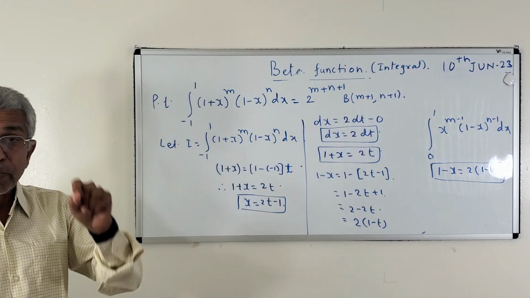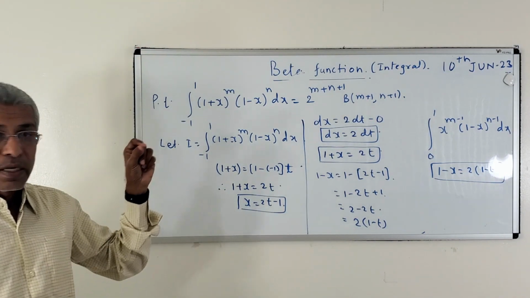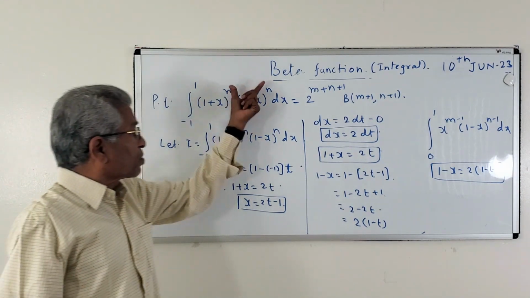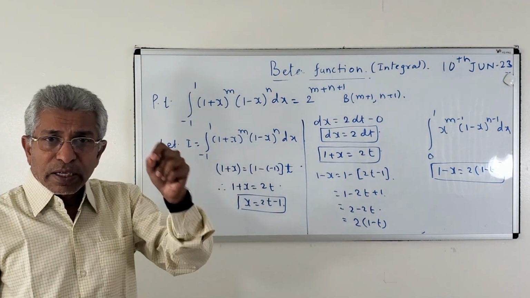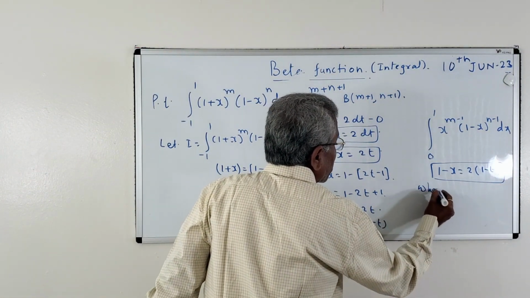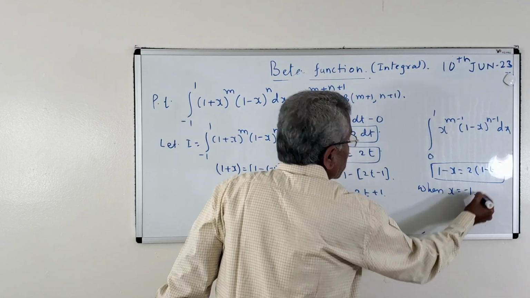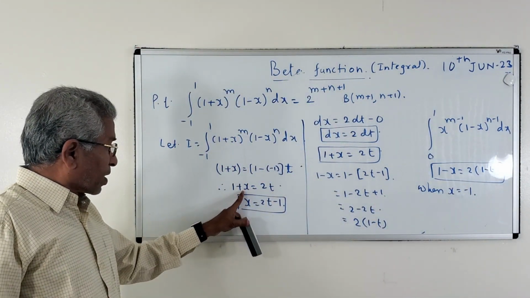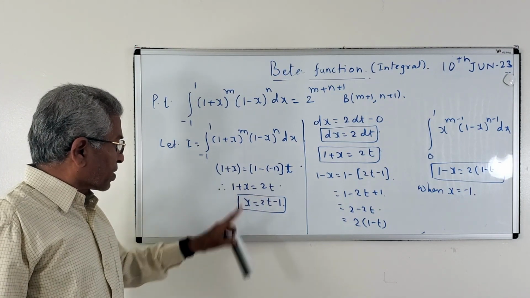After that, the main thing is to change the limits. In a definite integral, when we make the substitution, always change the limits of integration. Now, when x is equal to minus 1, the lower limit, put the value of x.